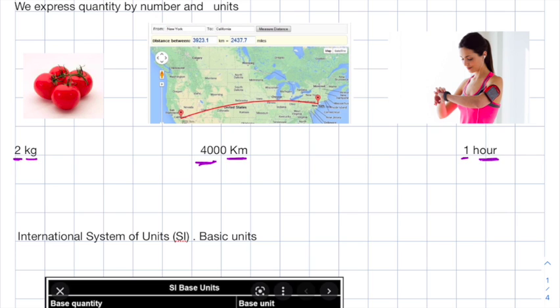Right? In every measurement, there are two things. One is the quantity, and next is the unit. We express everything as quantity and unit.